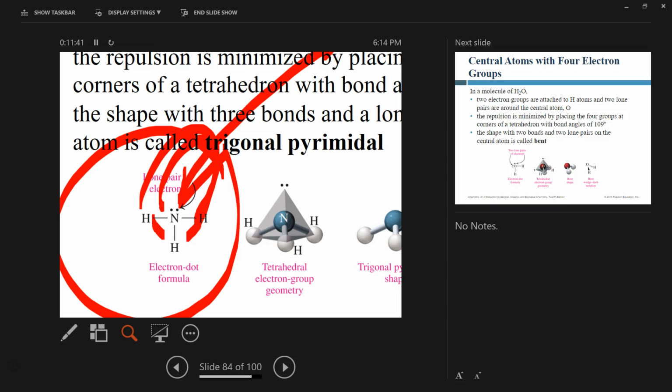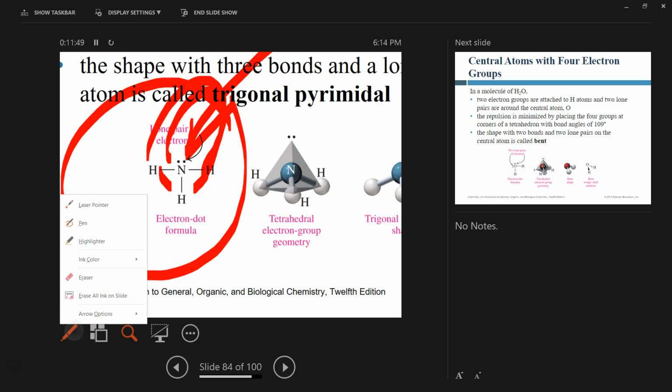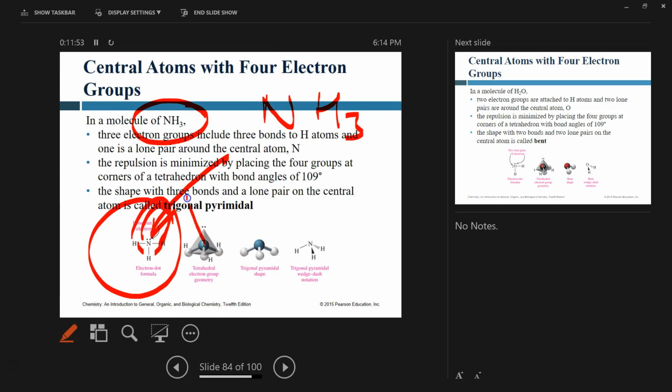So how can we arrange basically 3 bonds and a lone pair sticking from the nitrogen atom? Think about the lone pair as the bond that doesn't bind anything. Does that make sense? Like just a stick sticking out of the atom. You understand what I'm trying to say?